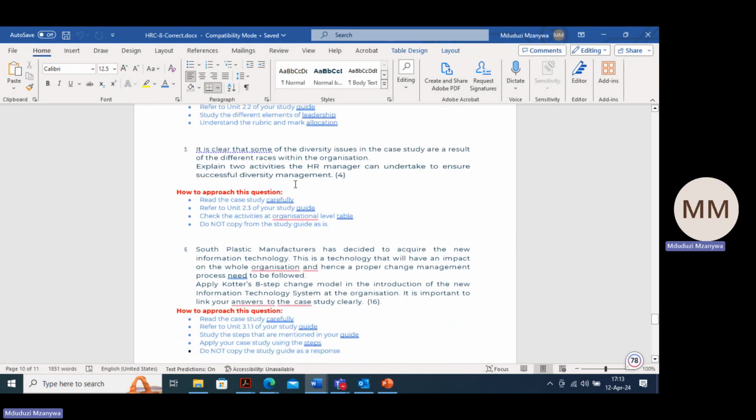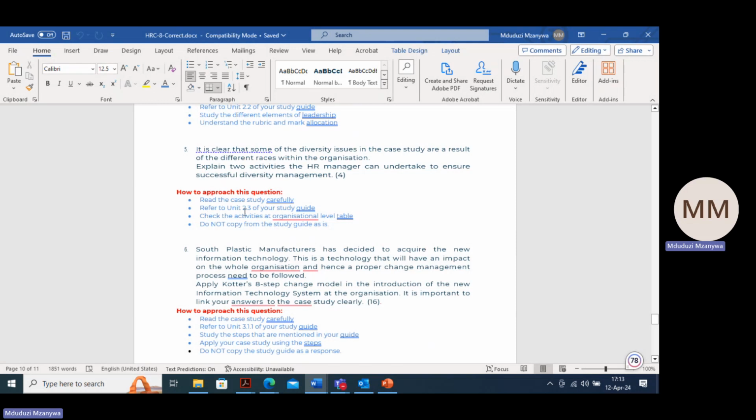Then question 5. Question 5 speaks about diversity management, and it's something within your case study as well. There's something mentioned about it in the case study. So what would you do as an HR manager to make sure that you manage diversity in the workplace?